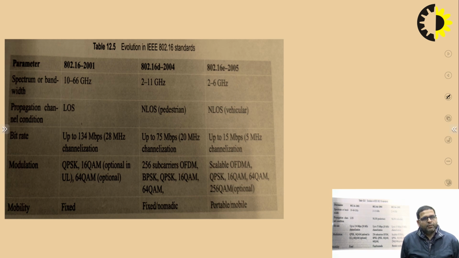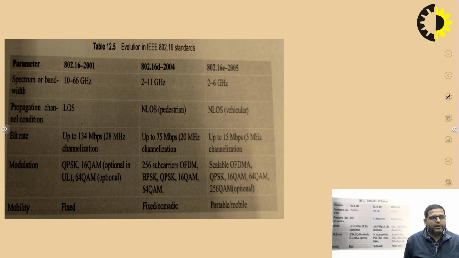When we talk about propagation channel condition, the modern 802.16e standard also includes vehicular motion as compared to 802.16 introduced in 2001, which was only line of sight technology.